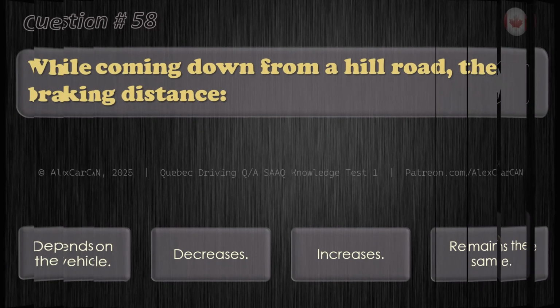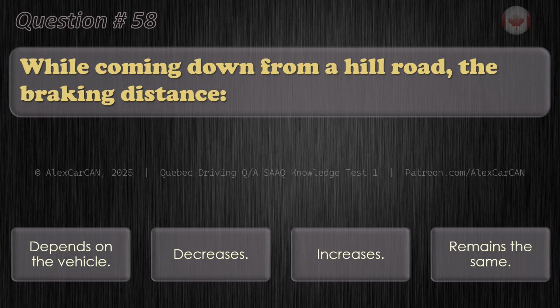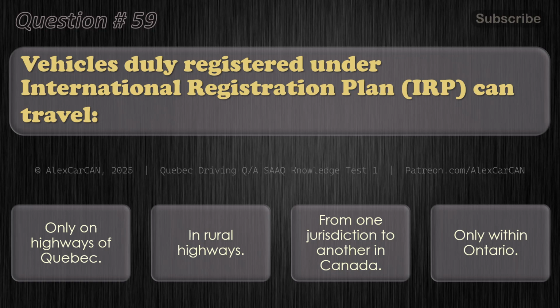Question number 58. While coming down a hill road, the braking distance of the vehicle depends on the slope. Decreases. Increases. Remains the same. The correct answer is increases. Question number 59.